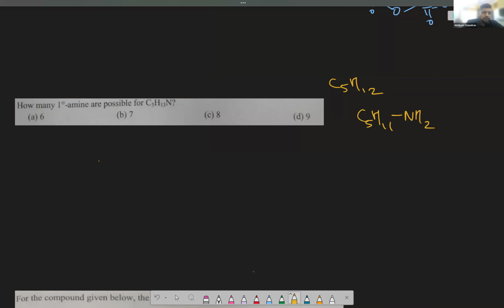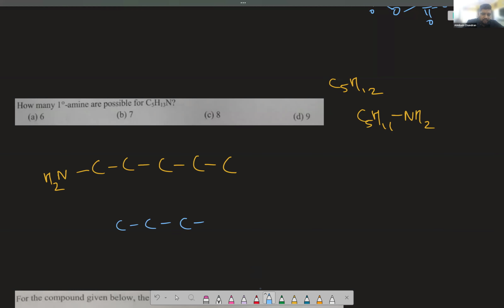So there are different possible 1 degree amines that we can get. The simplest one is when you have your normal pentane, five carbons in a chain, and you have your NH2 group here. This is your 1-aminopentane. Of course, I can change the position of the NH2 one by one and get different possible isomers.